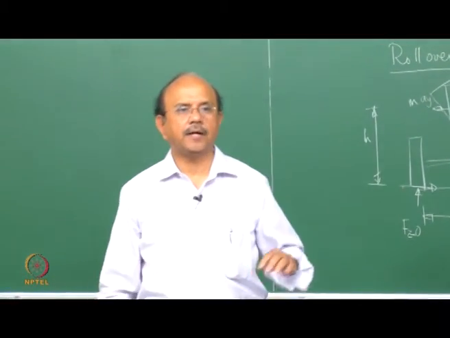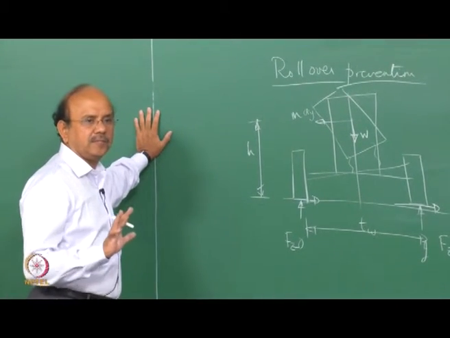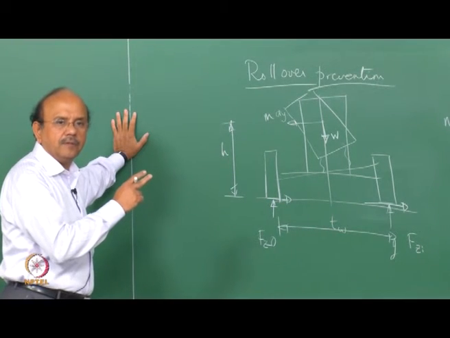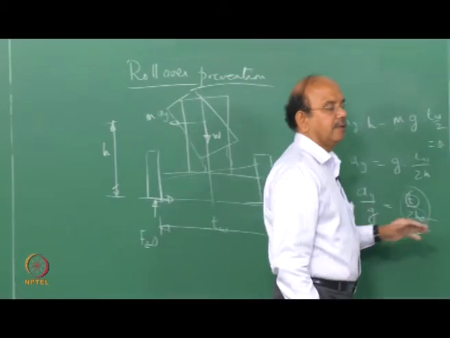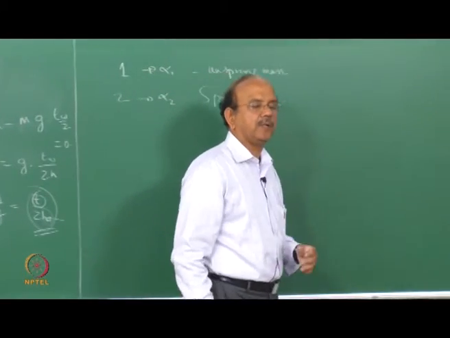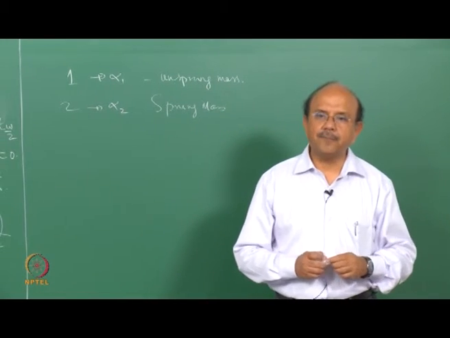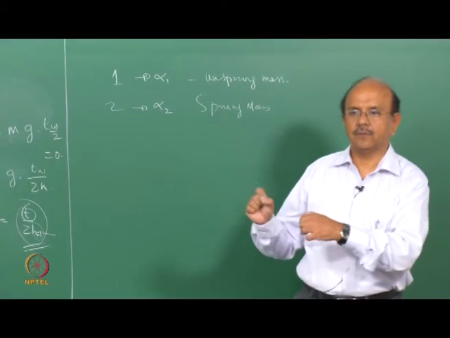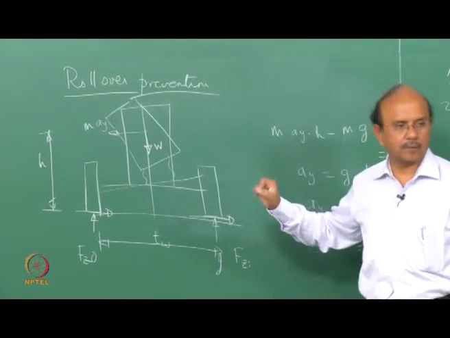I just want to tell you that what we are doing is actually not dynamics. Even when I include these two, we are not doing dynamics. So we have to do dynamics. In other words, we have to understand the dynamic behavior in roll, which becomes very important in order to design control systems for preventing roll.